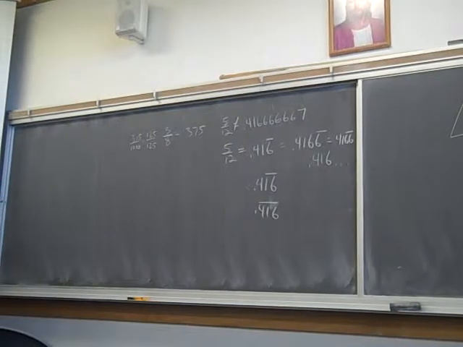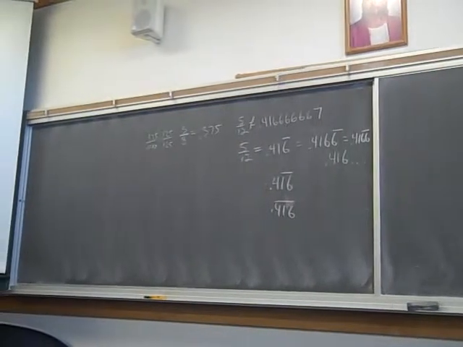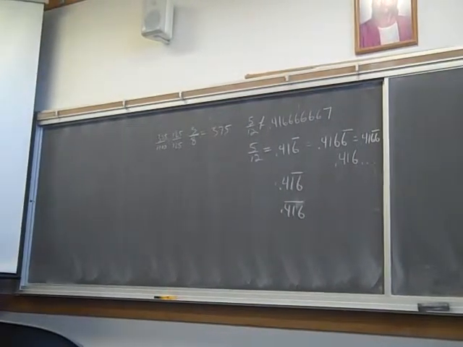And why is that important? Because if it can be converted to a fraction with a power of 10 at the bottom, then you know that the decimal isn't going to be repeating because it's just going to be a top whole number over that big power of 10.